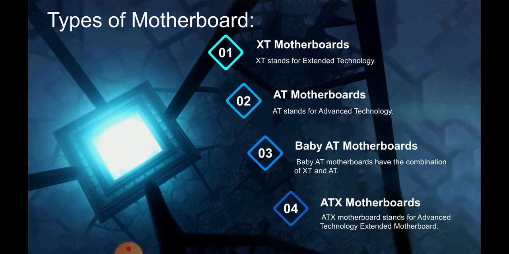The examples are all the latest processors, from Pentium 4, dual core, core 2 duo, quad core, i3, i5 and i7. So these are all the processors which use the ATX motherboard. It is the latest and presently used motherboard.